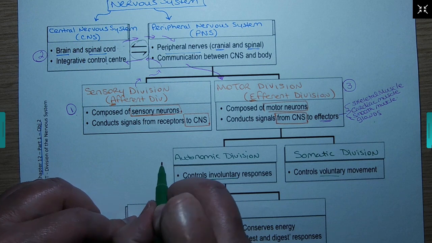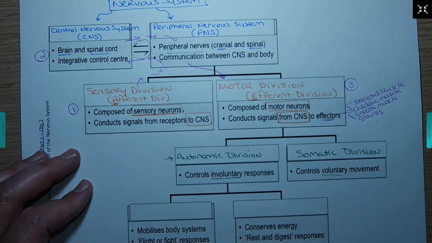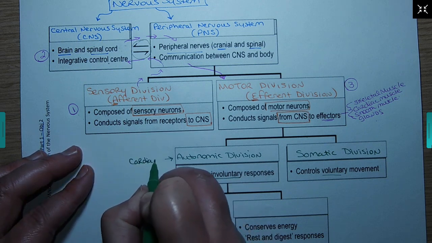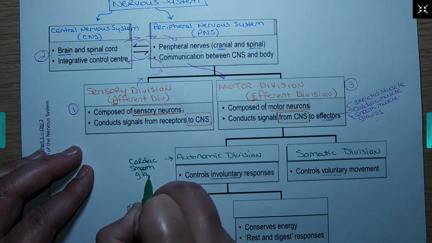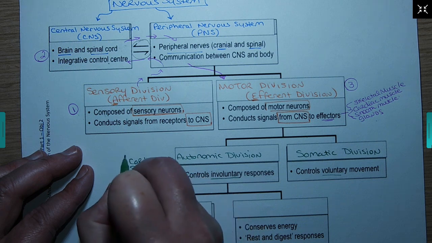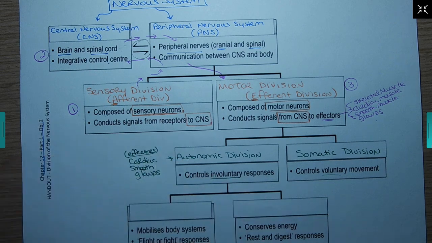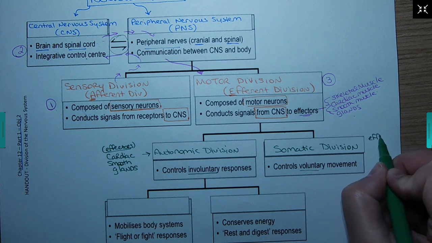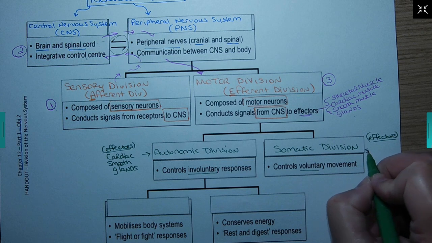If it was involuntary, autonomic division, this is going to include those effectors such as cardiac muscle, smooth muscle, and glands. And if you're targeting voluntary effectors, that's going to be your skeletal muscle.